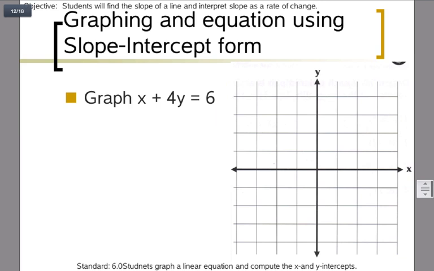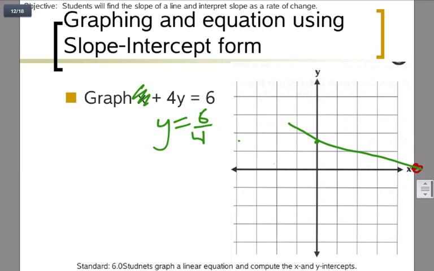I could quickly find the intercepts by scribbling out the y and seeing that the x-intercept is 6, and that's over here, and then I could erase this and cross out the x and see that my y-intercept is going to be 6 over 4 if I divide it by 4, and that would be 3 halves. So the y-intercept is going to be 3 halves right there. So this is where my line is going to be using the intercepts the old way. I'm just reiterating the fact that you can do it the other way.